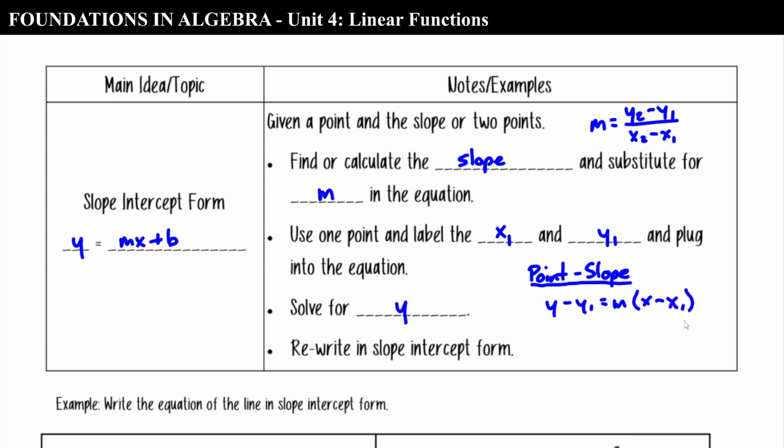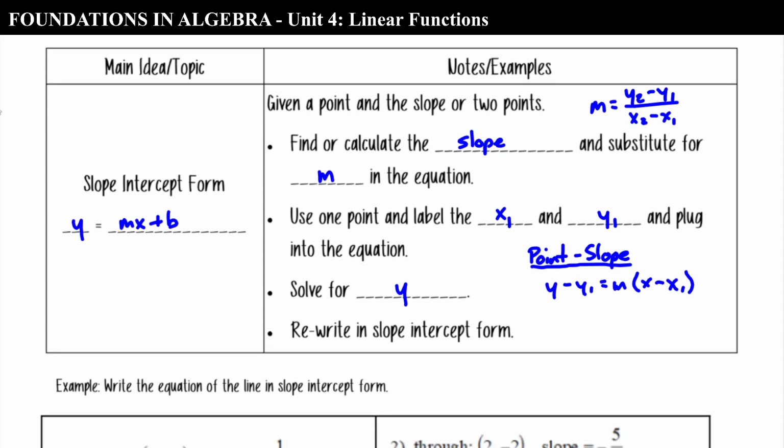So what you're going to do is take 1 point, label the x1 and y1, and plug that in for x1 and y1 here. You'll take your slope and plug that in here. Then it's a matter of distributing and then moving this value to the other side. You're going to see how that works in the examples here.